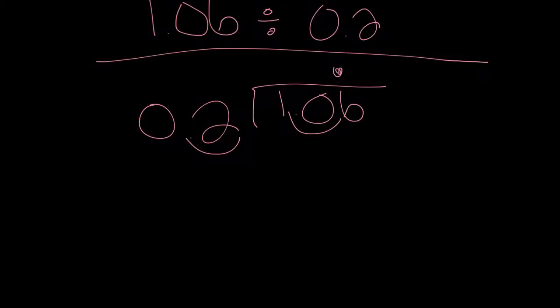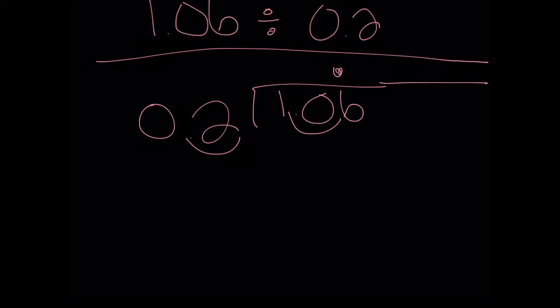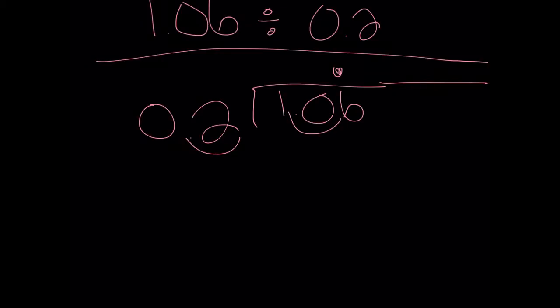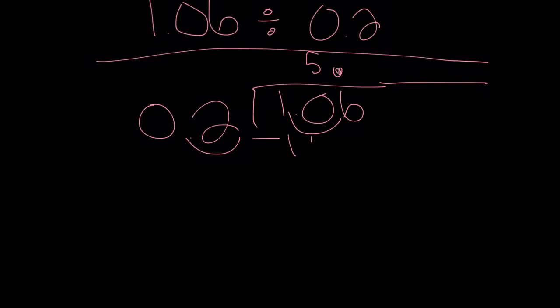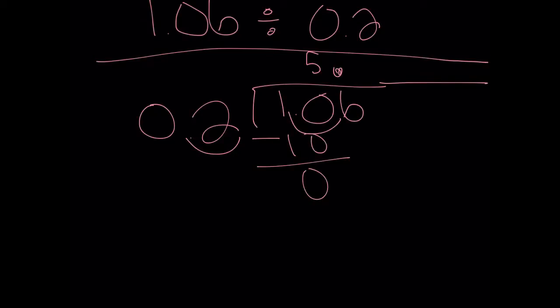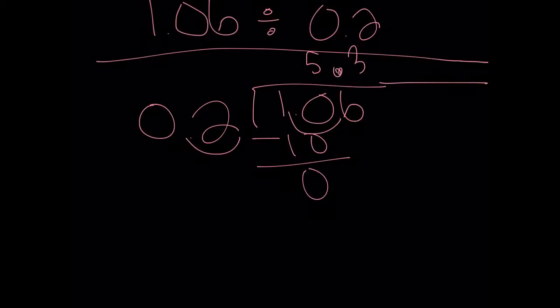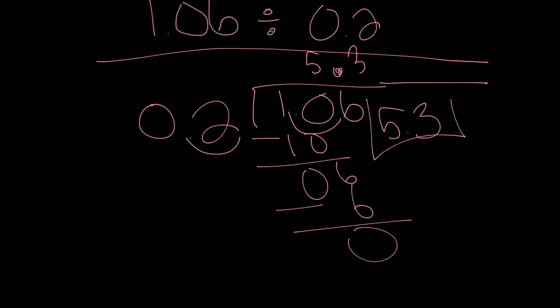We're going to bring it up right there, like that. And so 2 can go into 10 5 times, minus 10 equals 0. And then 2 can go into 6 3 times. So bring down 6 and minus 6 equals 0. So your answer is 5.3.